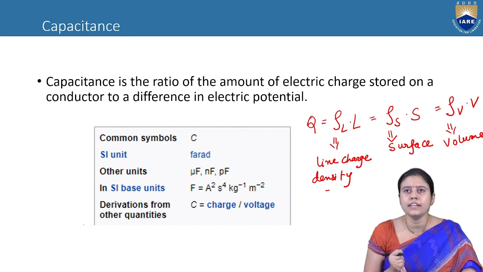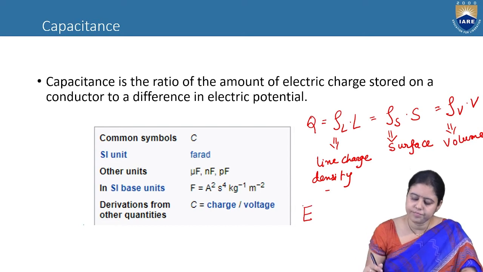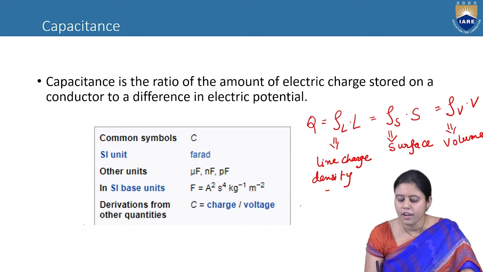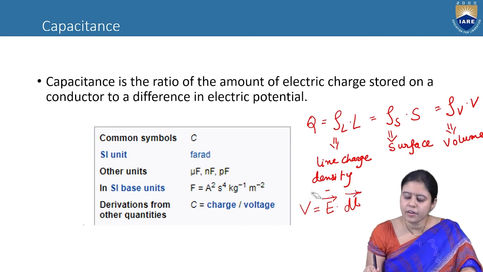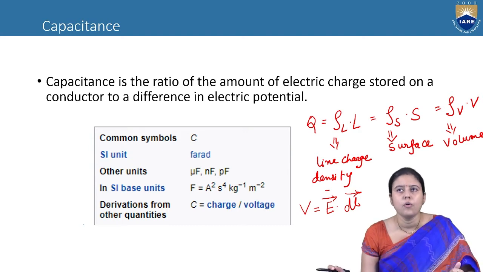Next important thing is, according to the definition, C is equal to charge by voltage. So what is voltage? According to field theory, the potential difference is equal to the integral of E dot dl. What is E? E is the electric field intensity. What is dl? Dl is the differential length.